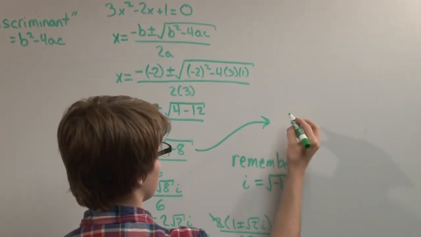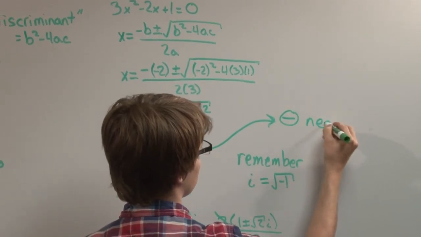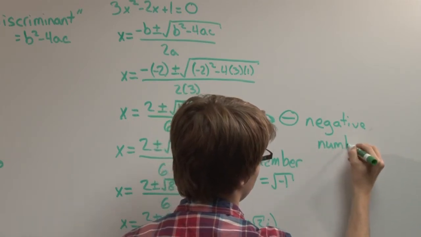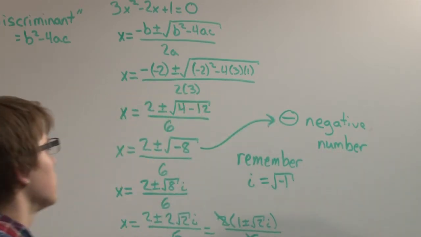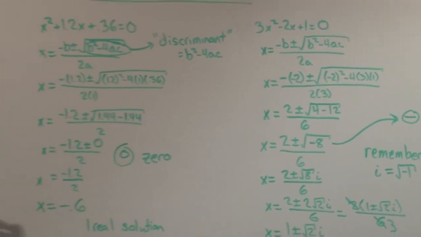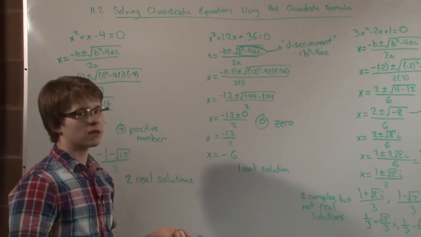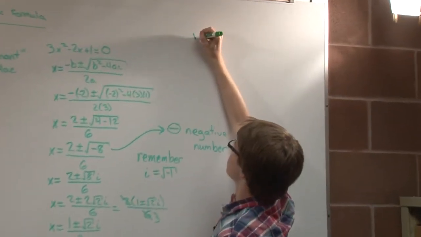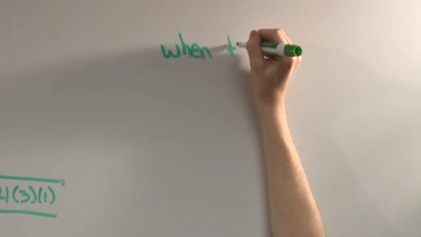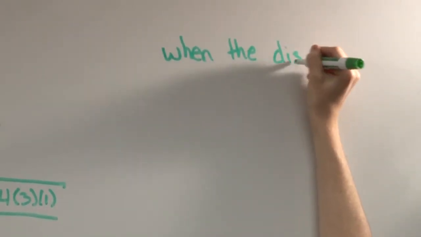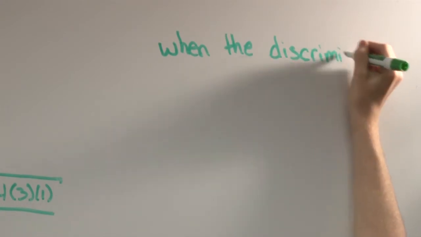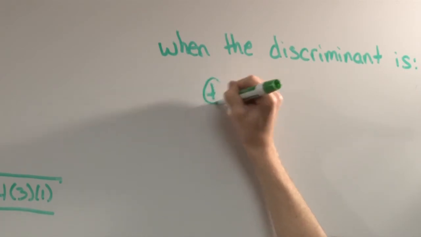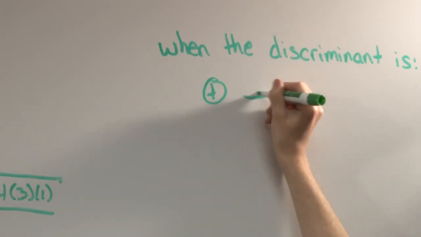So using this information, there's something called the discriminant test. So to summarize it, when the discriminant is positive, we're going to have two real solutions.